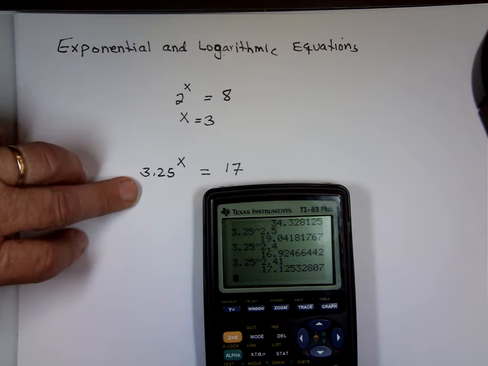17, oh, maybe less than 2.41. So you start guessing. 3.25 to the power of 2.405, because 2.41 was high. Ooh. Instead of 2.405, maybe 2.404. So I start guessing.